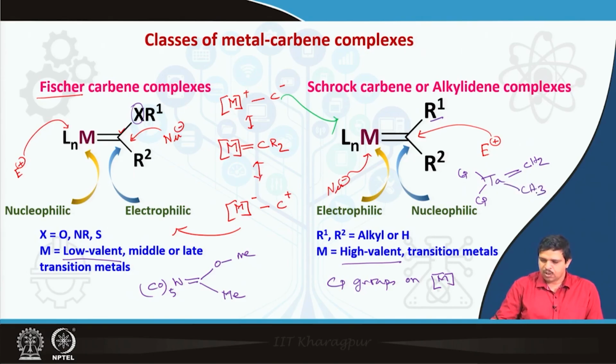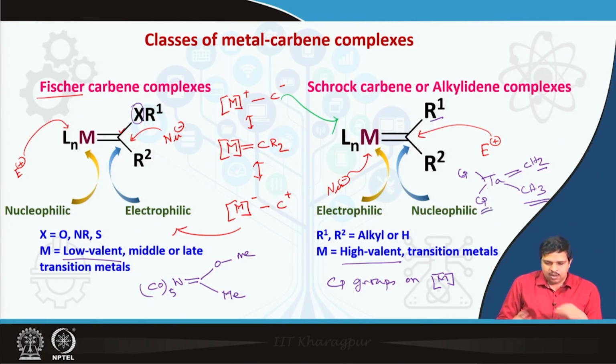So here you see either the hydride or any other alkyl groups on the carbon of the carbene, and also, in general, Cp groups on the metal centers as ancillary ligands. As an example, here you see this one.